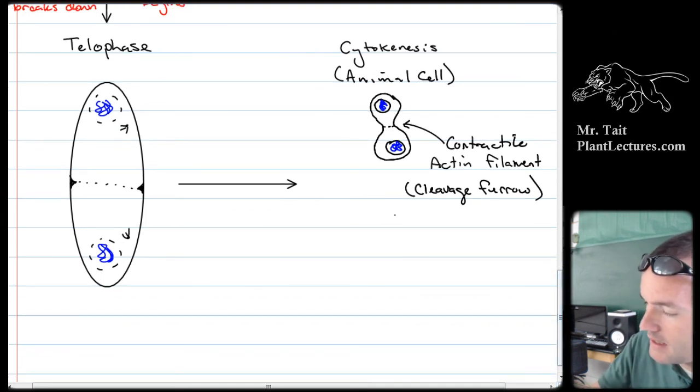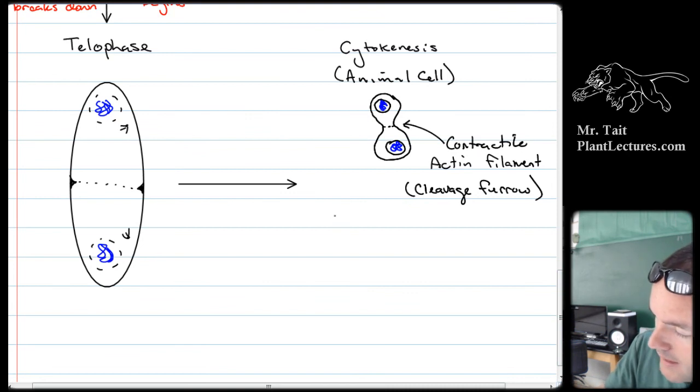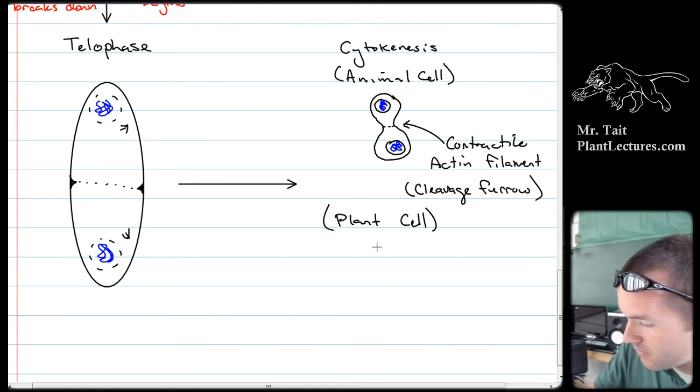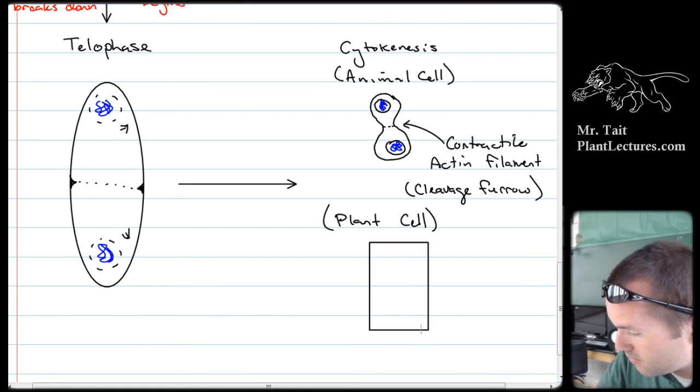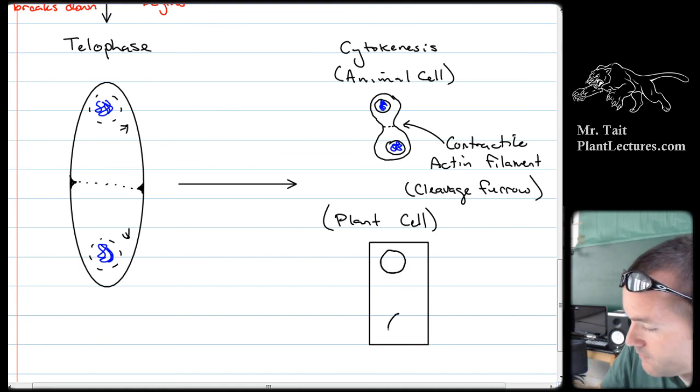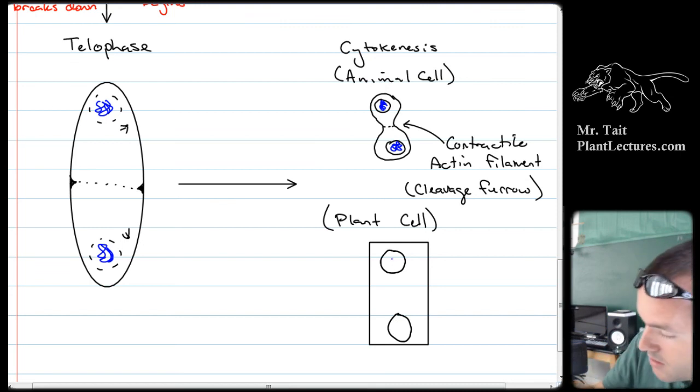Okay, and that is in contrast to plant cells. Plant cells don't have that. Plant cells are more square, rectangle-y. Right? So here's a plant cell, I guess. Sure. And you're going to be able to see the nucleus in here still. And here's our chromatin.